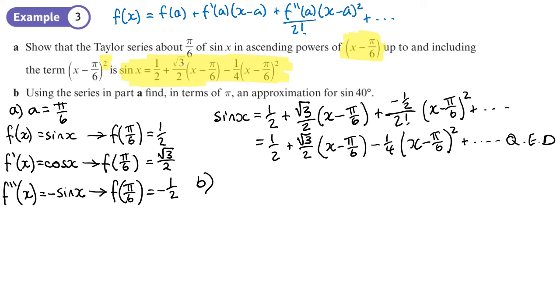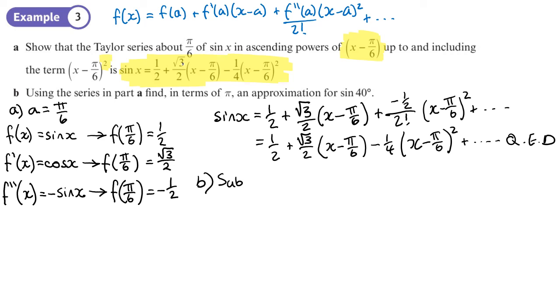Part B says, using the series in part A, find in terms of pi an approximation for sine 40. Now this is pretty straightforward because all we're going to do is substitute x for whatever the angle is.